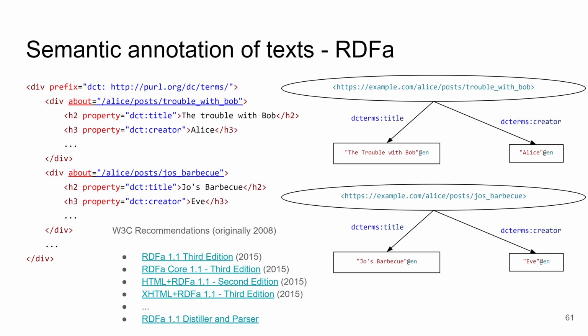The syntax for this is called RDFa, and you can see an example of that in the slide, where we have two entities and some RDF triples embedded directly in the HTML document, which means that people in their browsers see a regular rendered HTML document, but if you use an RDFa distiller, which turns that file into a regular RDF data model, you see RDF data. So this is a way of embedding RDF annotations directly in an HTML file.